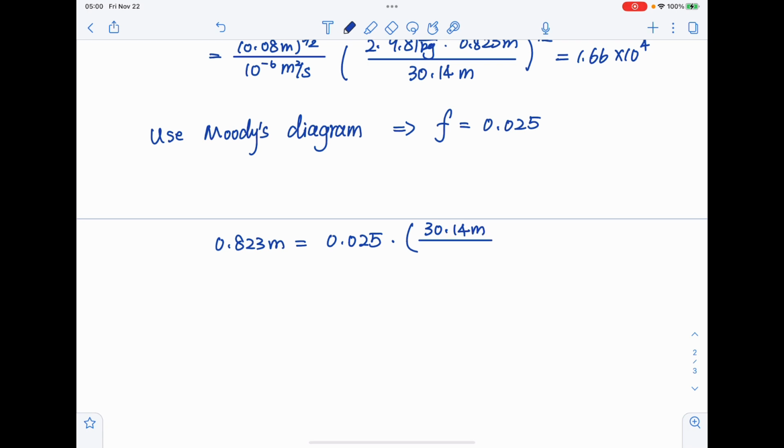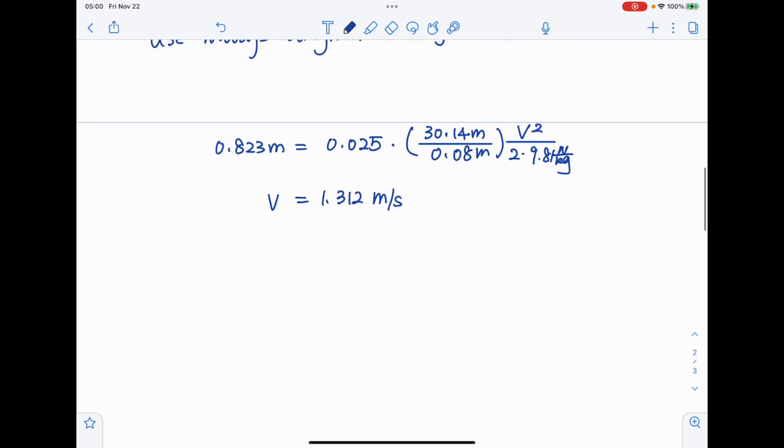divided by the diameter 0.08, times V squared over 2g. Okay, so V should be 1.312 meters per second, and Q should equal the velocity times the area of the pipe.